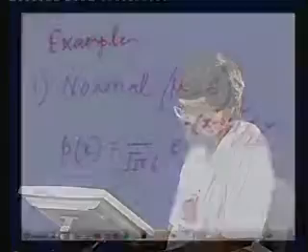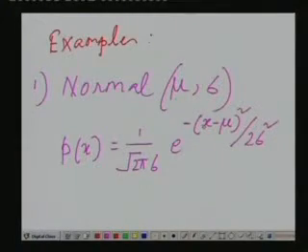You can see one thing, that since there is a square term here, this will be symmetric around mu, that is whether x minus mu is positive or negative, we will get the same value. And when x equals mu, then only it will have its peak value. Then as this difference increases, since it is coming with a negative power, this decreases. So, it will have a peak value at x equal to mu, and then as you go to the right and to the left of mu, it falls down.